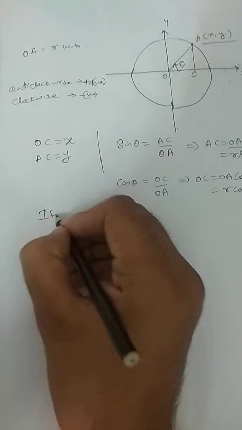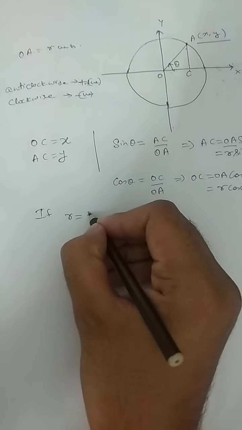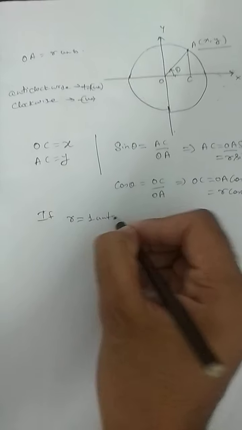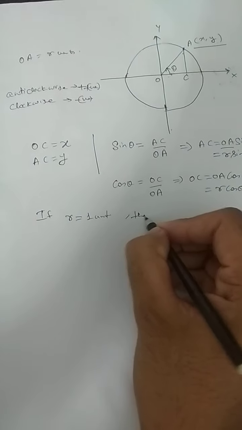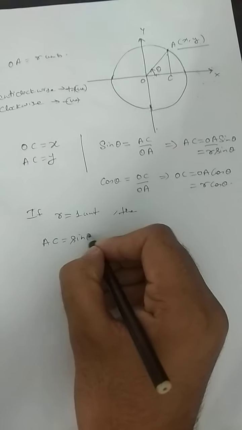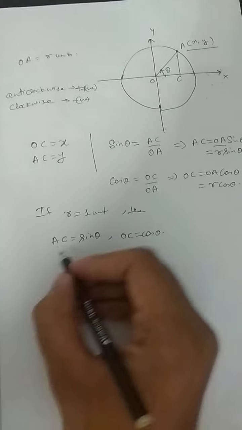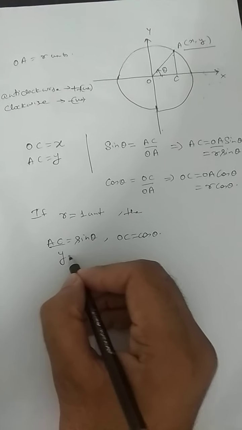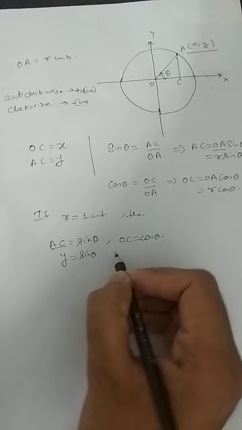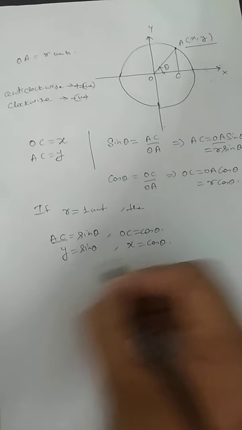If we consider the circle of radius 1 unit, that means a unit circle, then AC is equal to sin theta and OC is equal to cos theta. Here AC is y and y is sin theta, and OC is x, that is cos theta.